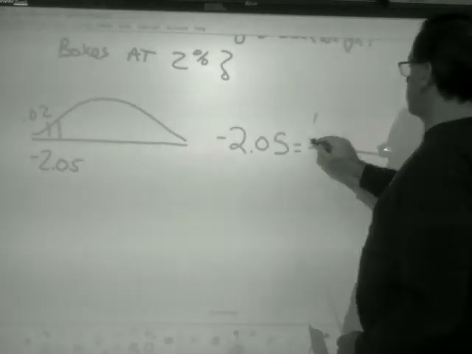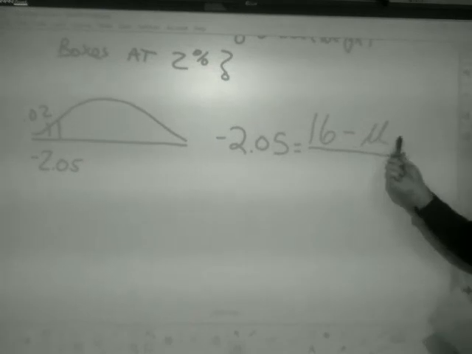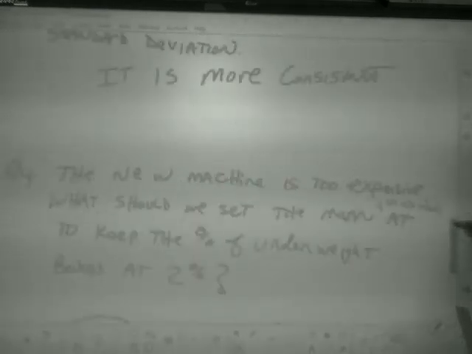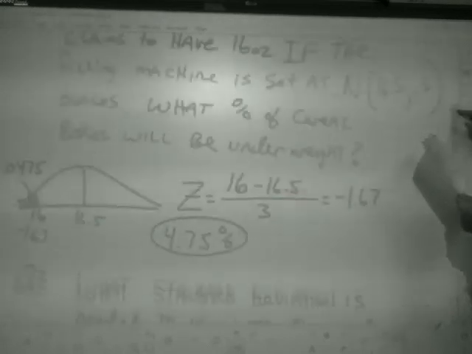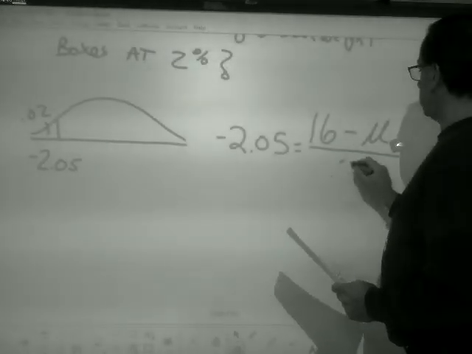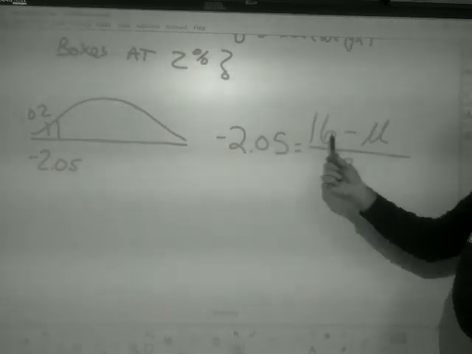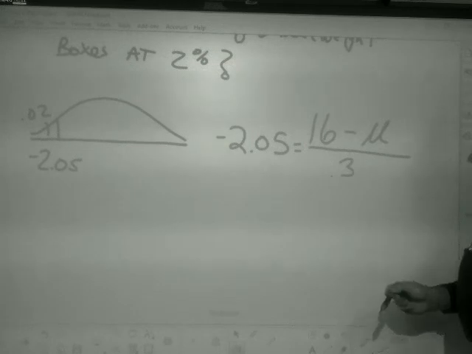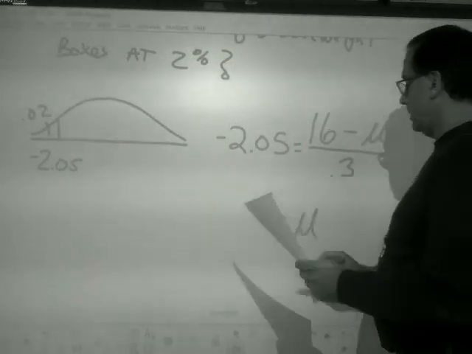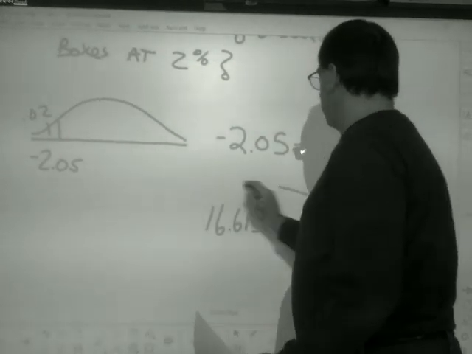We still use 16 as our mark for underweight, but now we want to know what is the new setting. What's the new mean? And of the original machine that had a standard deviation of 0.3. So I multiply by 0.3, subtract 16, multiply by negative 1, and the new mean has to be 16.615.